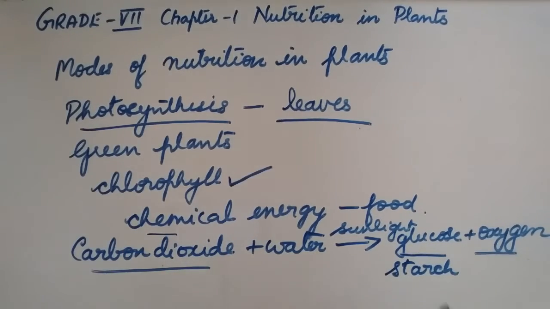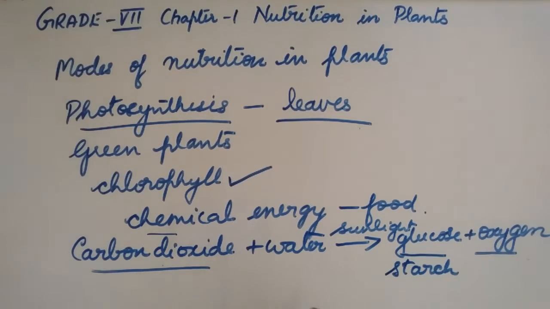The process of photosynthesis can be represented as carbon dioxide plus water in the presence of sunlight. Both the carbon dioxide and water combine in the presence of sunlight to form glucose and oxygen, where the oxygen is released into the air.